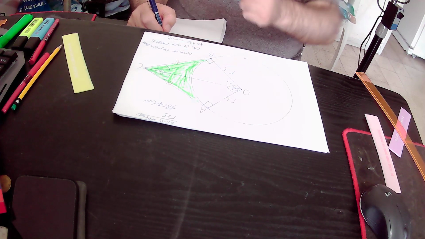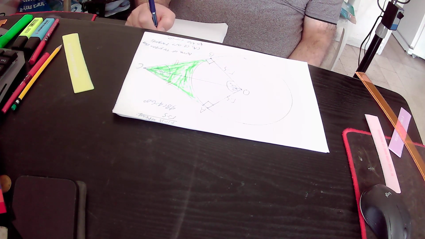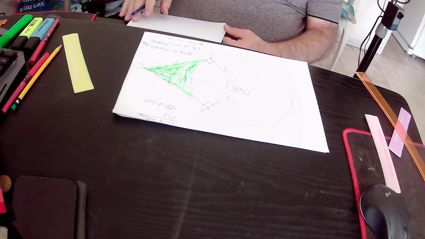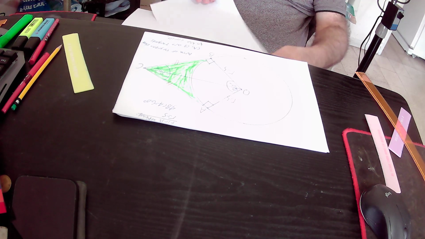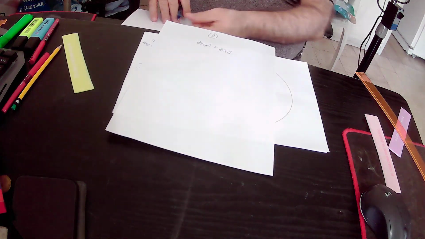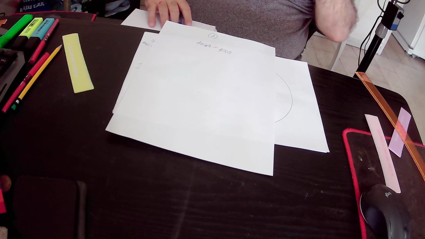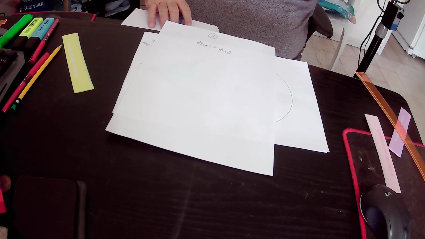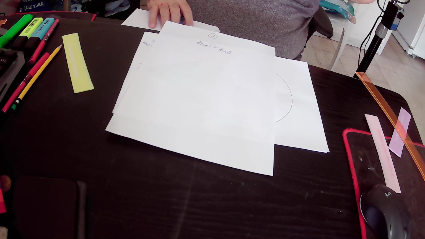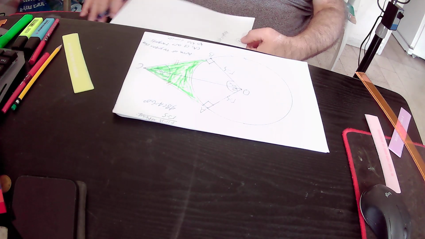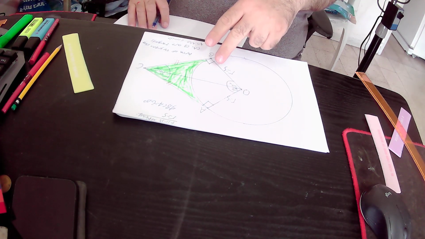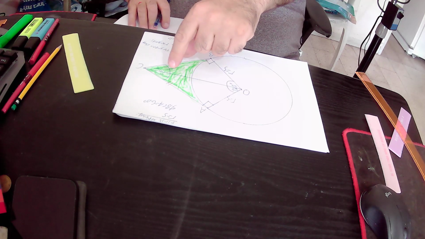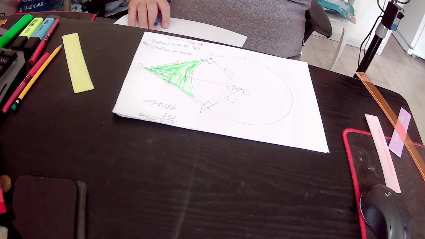Those two angles are equal to each other, according to the rule that corresponding angles in congruent triangles are equal. Triangle AOC is congruent to triangle BOC, therefore the corresponding angles are also equal to each other.